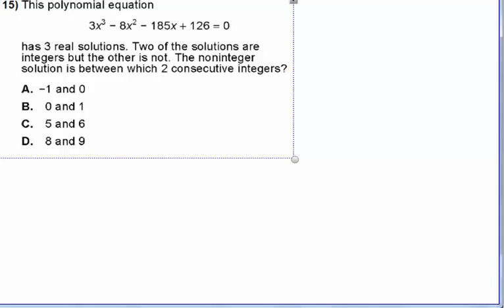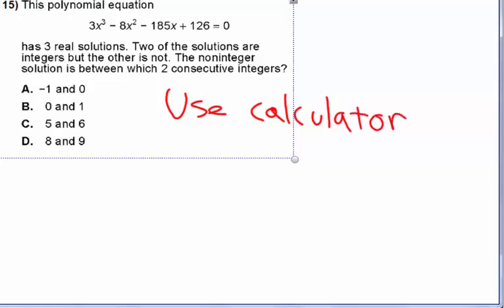Alright, so with this one, the easiest thing to do would be to type it in and graph it on your calculator and look and see where that root is actually at. Is it between negative 1 and 0, 0 and 1, 5 and 6, or 8 and 9?